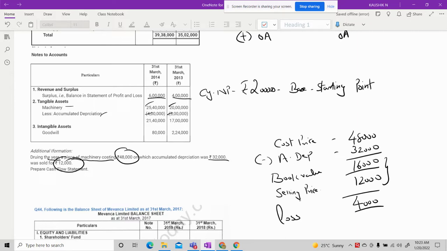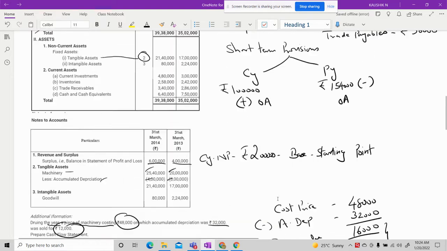By preparing the fixed asset account, you come to know how much purchases has taken place during the year with respect to machinery, and by preparing the accumulated depreciation account, you'll come to know the amount of depreciation that is charged during the year. So for that purpose, we need to prepare both the accounts. Am I making it clear to you? Yes. And now I'll prepare and show you. So we have to do two ledger accounts, right?